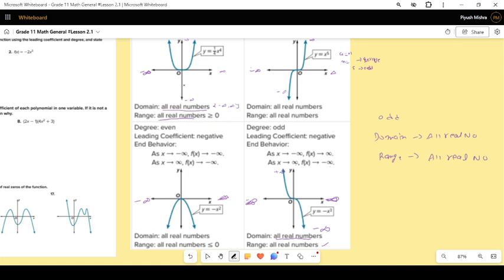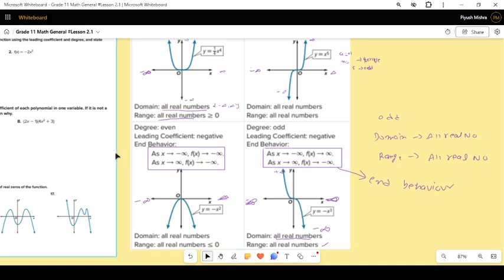When I was telling you about this one or this one, it is known as end behavior. Only the end behavior will be changing. In the end behavior, x remains the same, plus infinity to minus infinity, only y, or the value of f of x, will be changing.